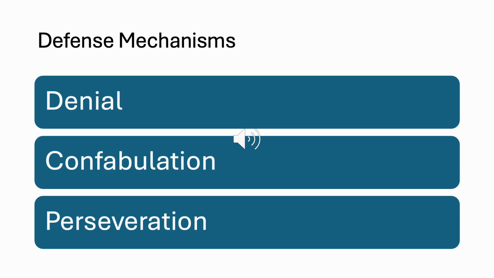Confabulation is another one, and this is when people make up stories or fill in the gaps about stories and events in their life. And perseveration is the client will start to avoid answering questions and may repeat the same phrases or behaviors over and over. So all these are a way to maintain their sense of self-esteem.